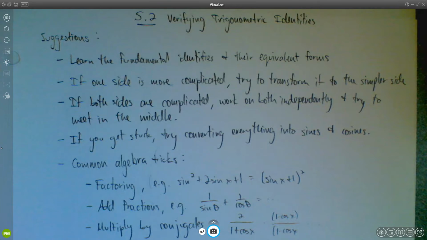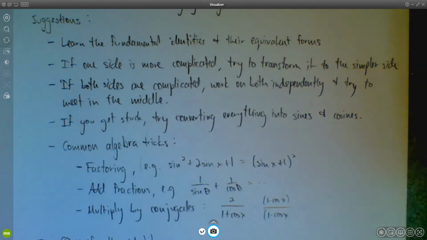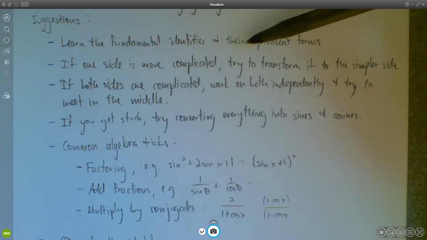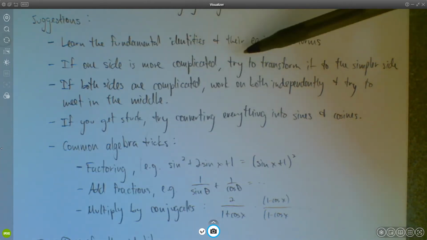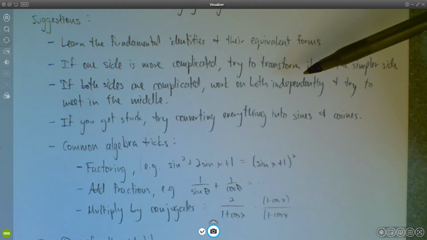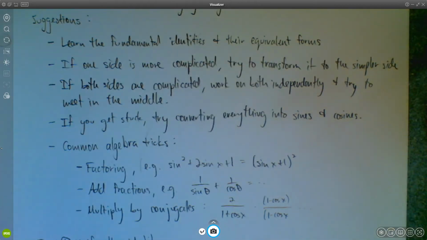When it comes to verifying an identity, if one side is clearly more complicated than the other, then it's usually easier to start with that side and try to transform it to the simpler side. If both sides are complicated, though, then you can work independently on each side and try to meet in the middle somewhere.